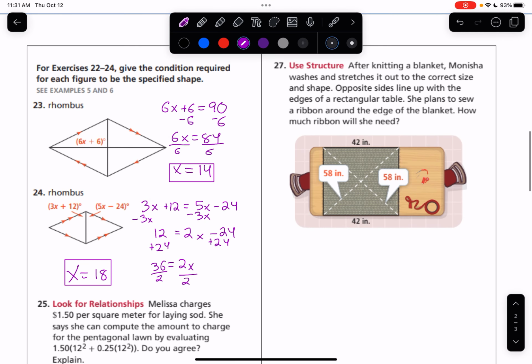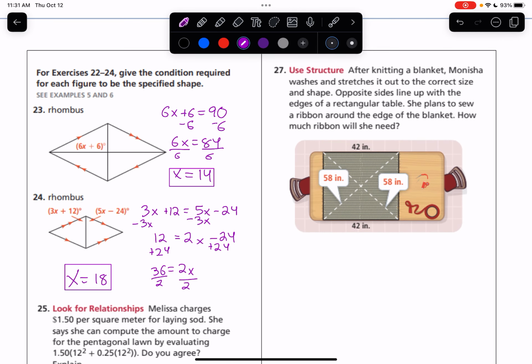Up here, after knitting a blanket, Monisha washes and stretches it out to the correct size and shape. Opposite sides line up with the edges of a rectangular table. So we know that those tables' edges are parallel. She plans to sew a ribbon around the edge of the blanket. How much ribbon will she need?